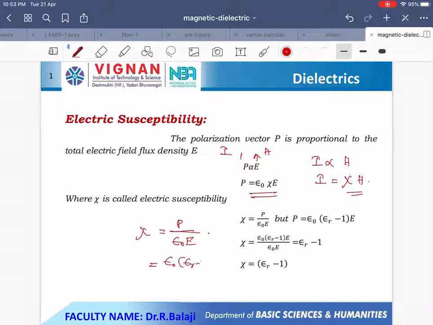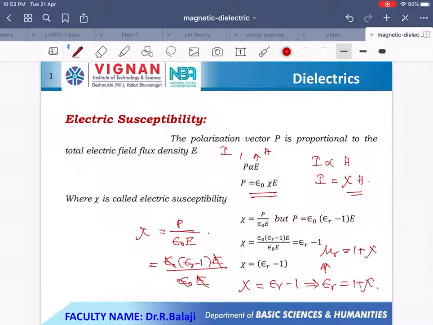Epsilon naught, epsilon r minus 1 into E, divided by epsilon naught into E. So E cancels, epsilon naught cancels. What is the xi value? Epsilon r minus 1. So epsilon r is equal to 1 plus xi. This formula is exactly similar to our previous one, mu r is equal to 1 plus xi. So there are a lot of similarities between dielectric materials and magnetic materials. The relative permittivity is equal to 1 plus xi, where xi stands for electric susceptibility.